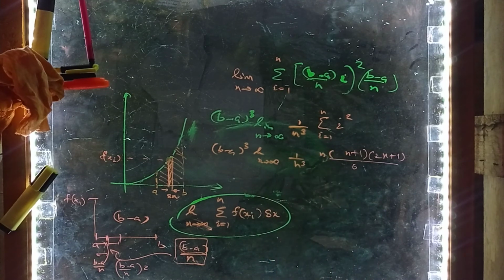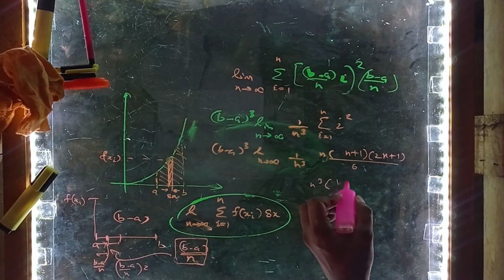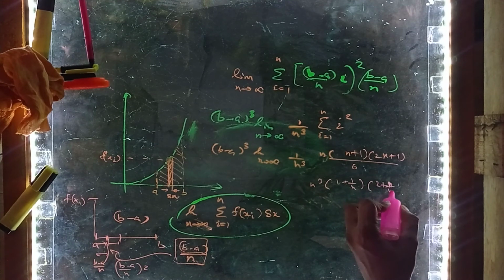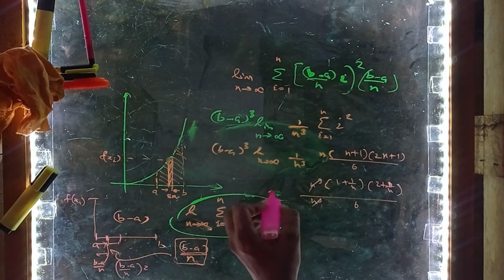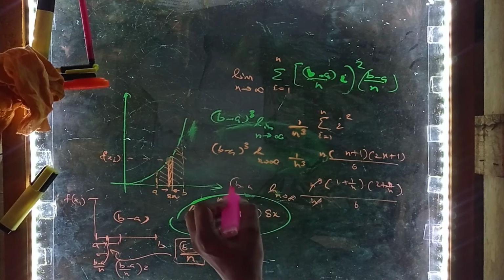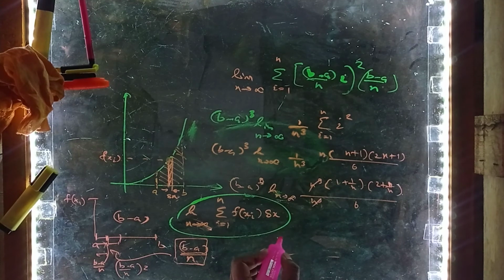Simplifying, we get 1 plus 1 upon n times 2 plus 1 upon n upon 6. The terms with 1 upon n vanish, so the final result is b minus a cubed.